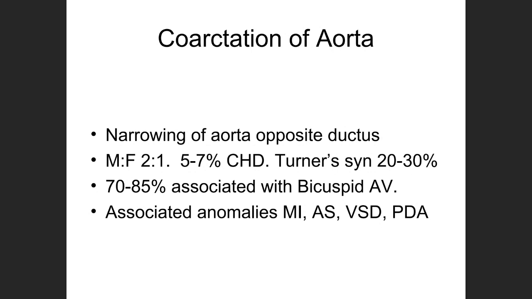This condition occurs in about 5 to 7% of congenital heart defects. Coarctation of the aorta occurs particularly in patients with Turner's syndrome, varying from 20 up to 40% of these patients.